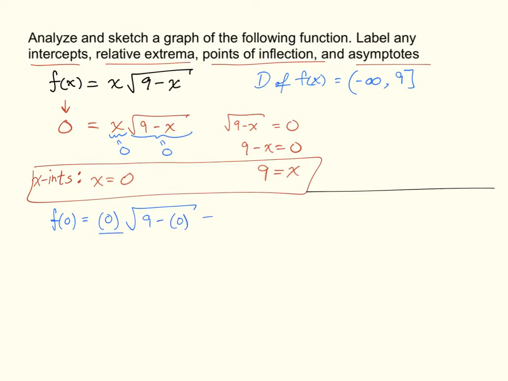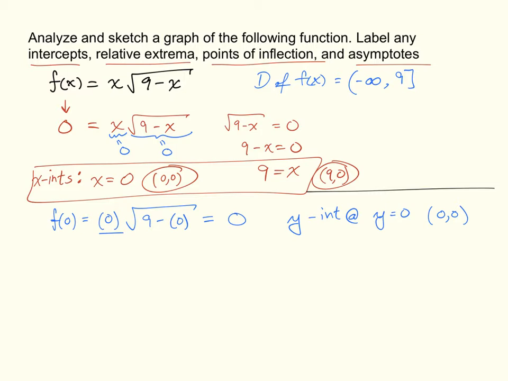Well, 0 times anything will just give you 0, so we have a y-intercept at y equals 0, or more specifically 0, 0. And more specifically up here with the x-intercepts, we could write these as 0, 0 and 9, 0. So we have some actual ordered pairs to put on a coordinate plane.